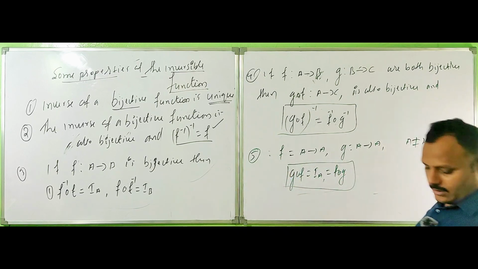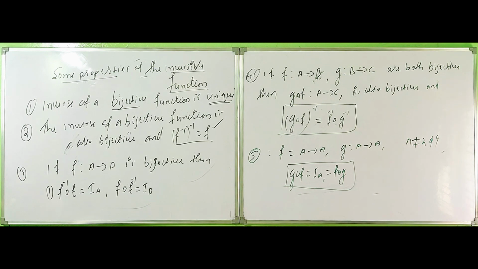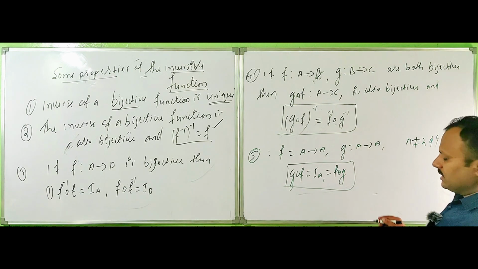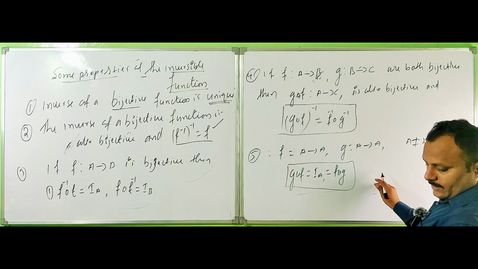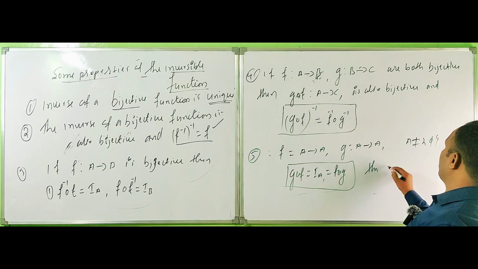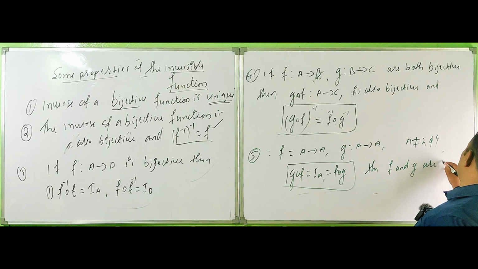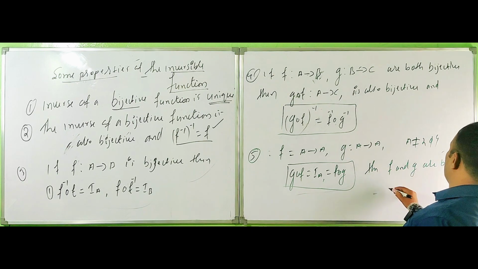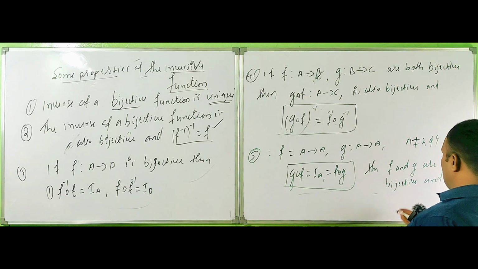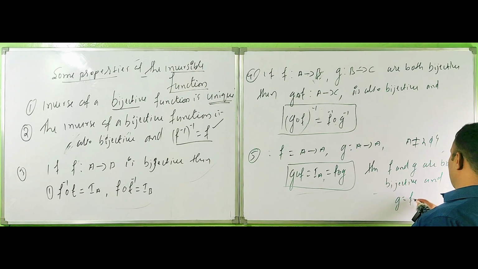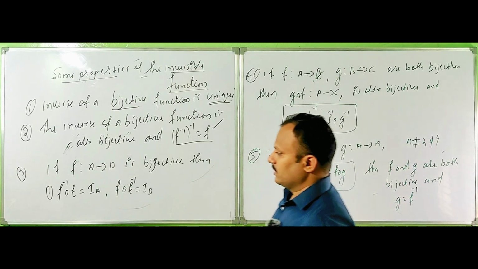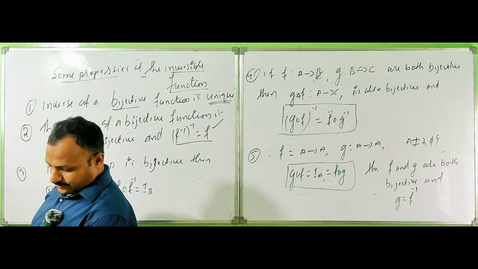If it is like that, then f and g are both bijective, and g is the inverse function of f.